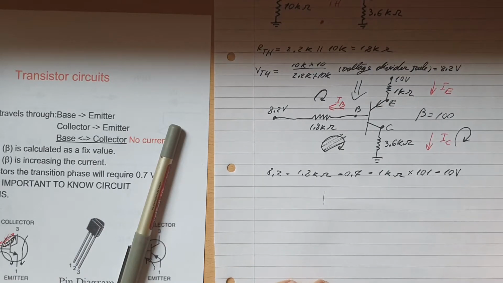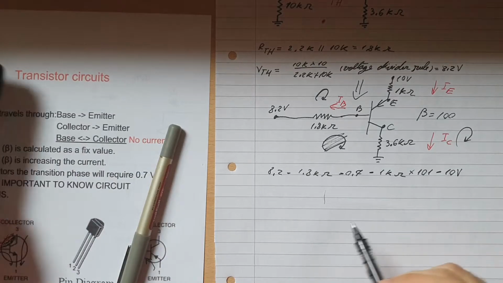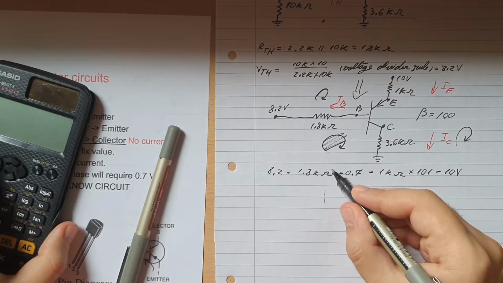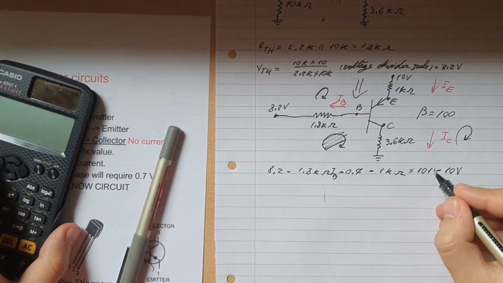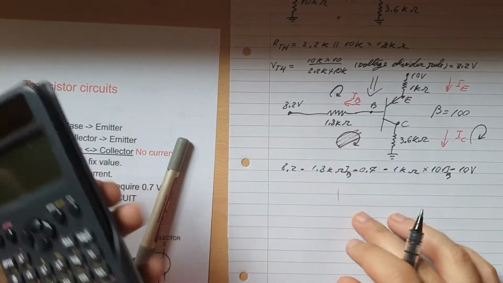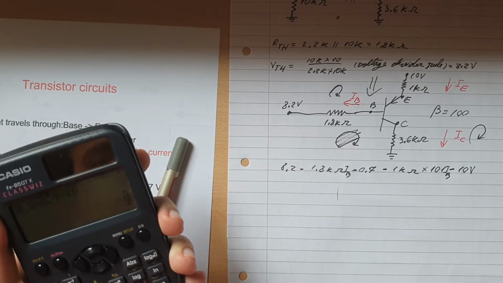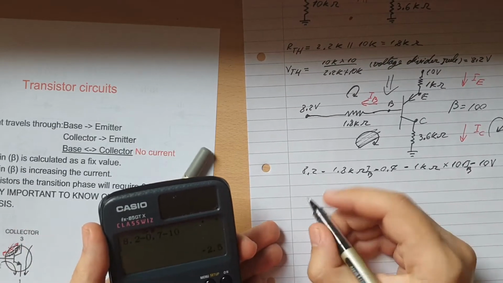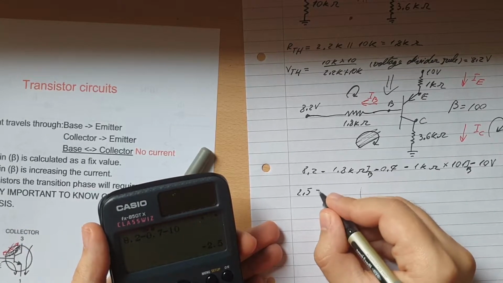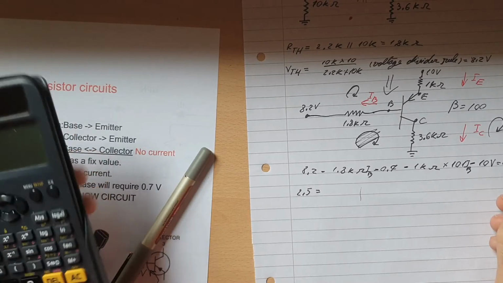All right, so then we should get something like, oh wait, this one is IB and this one is IB. So then that would be 8.2 minus 0.7 minus 10. That would be 2.5. I put it positive because I put it beyond the 0. There you go.